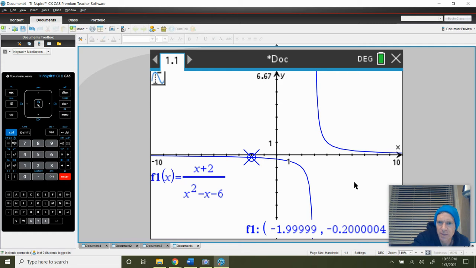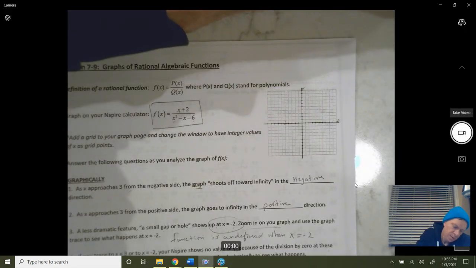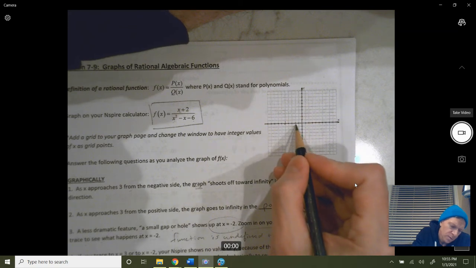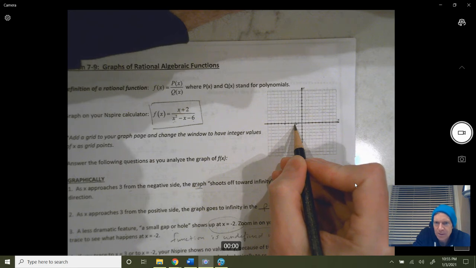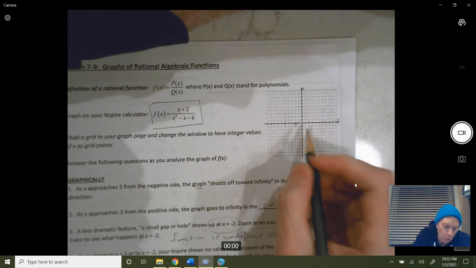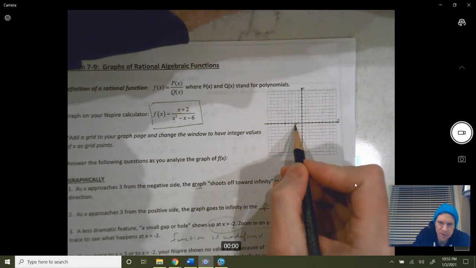Our y value is about -0.2. So we're going to plot a point near there. -2, about -0.2, but that doesn't exist. So I'm actually going to put an open circle there, okay, to show that there's actually an open spot, basically a hole or a removable discontinuity in the graph.